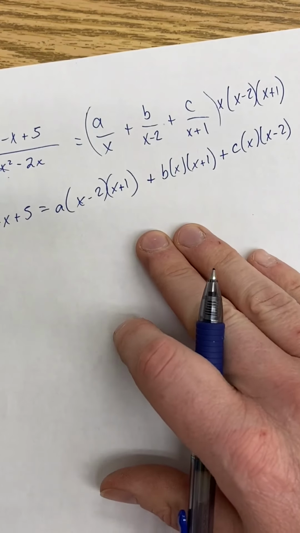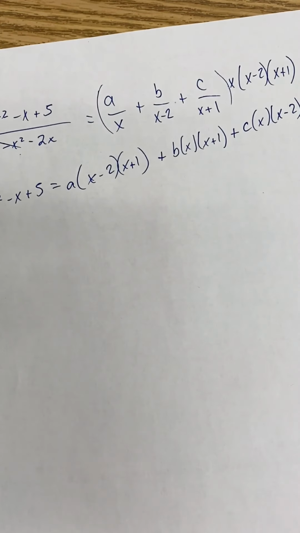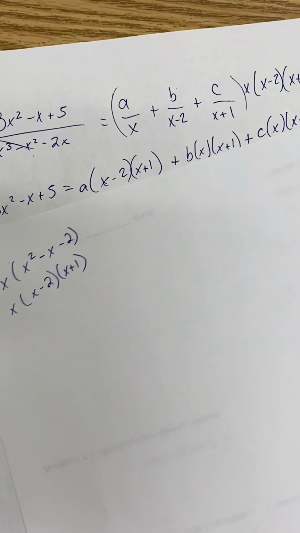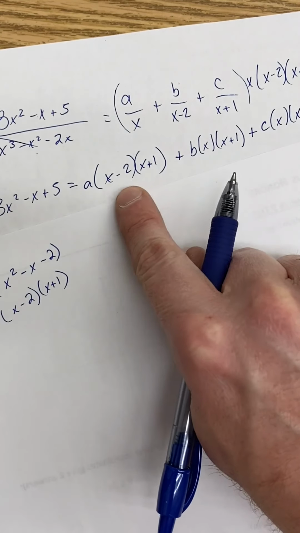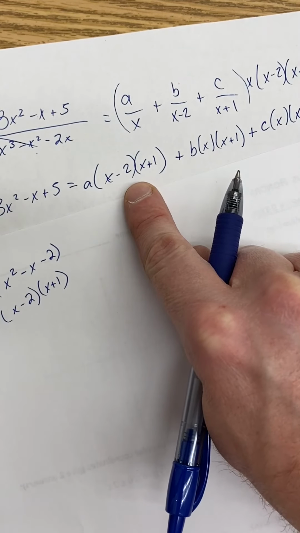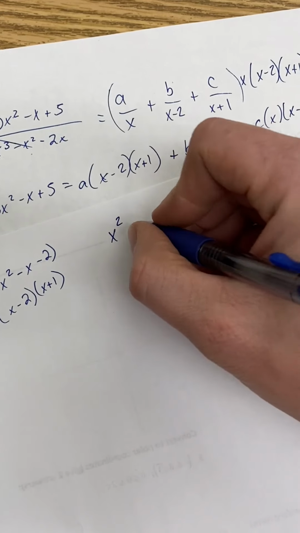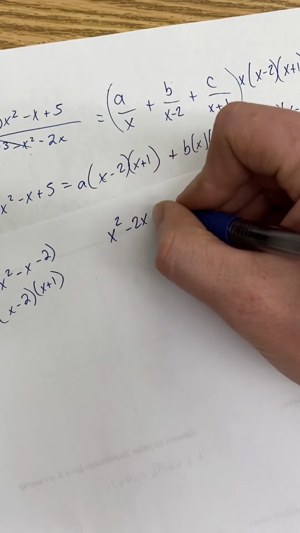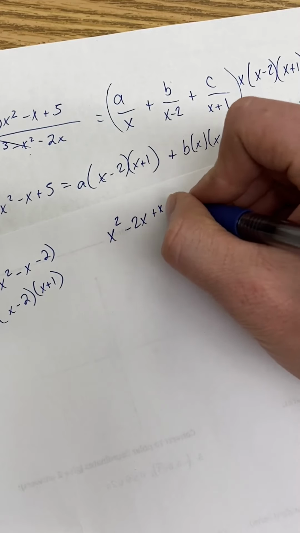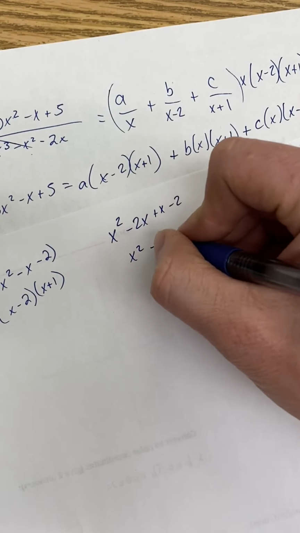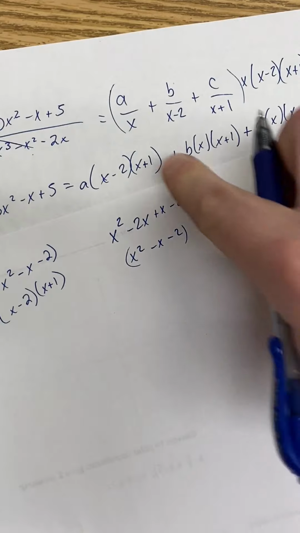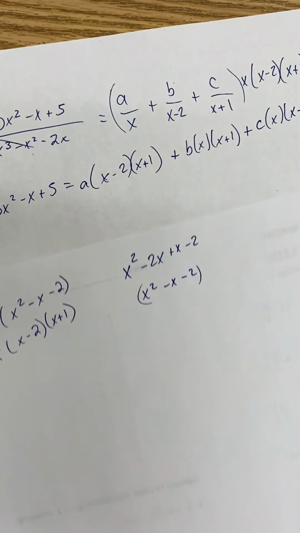It is getting kind of messy looking here. So I'm going to bring in my scratch paper again if you need it, because I want to make sure I get this expanded out. I will need to go ahead and do this expansion. It really won't make it any easier if I don't. So plus x minus 2, so x squared minus x minus 2. That's what this will expand to be.